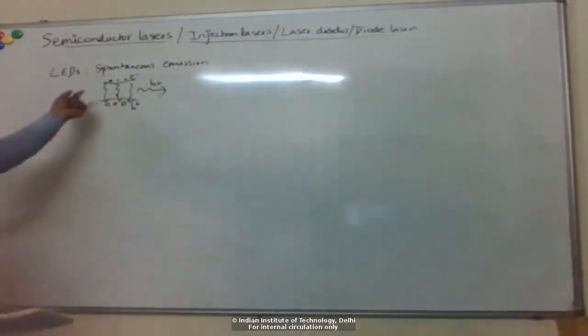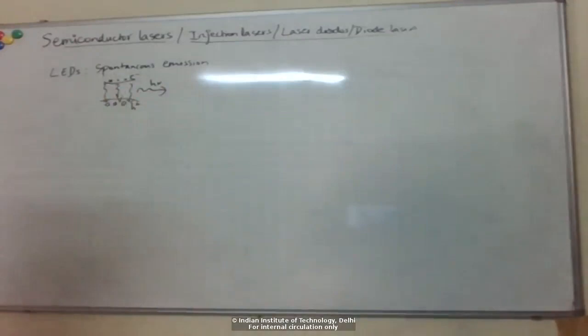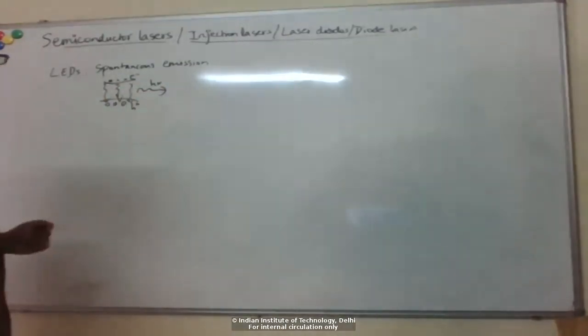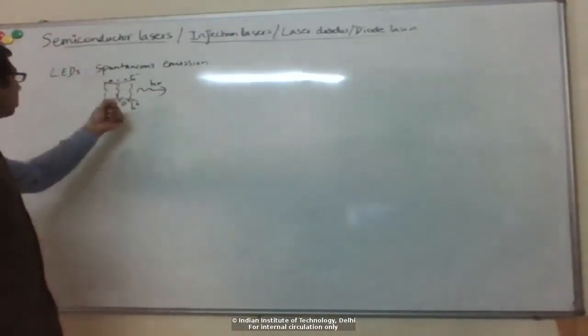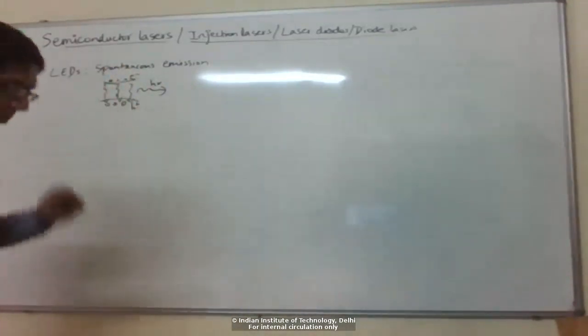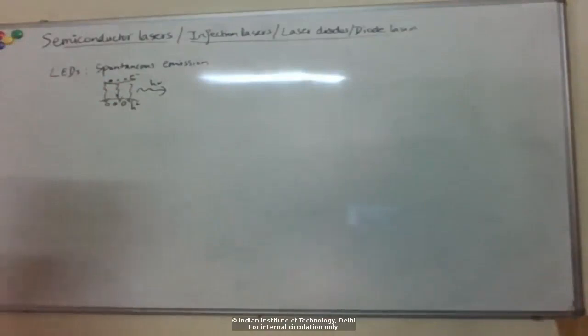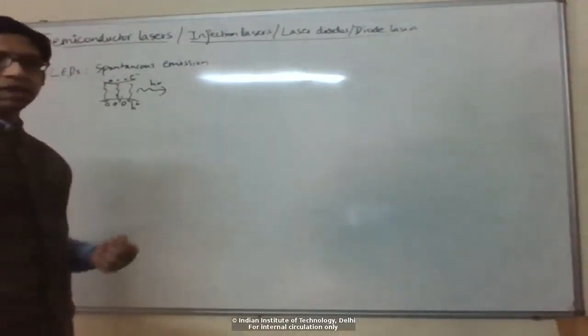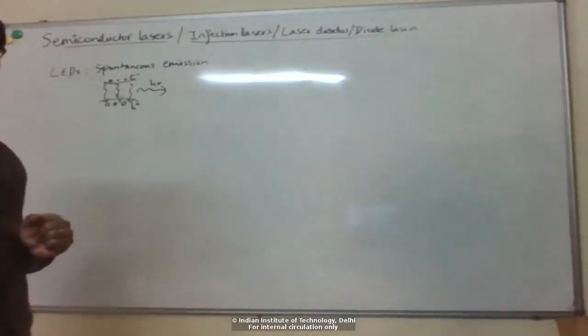So there was no relationship between different recombination events, right? They were all independent, and each recombination event generated a photon which was traveling in a random direction, and the frequency also could be slightly different, right? So we saw that the bandwidth was pretty broad.